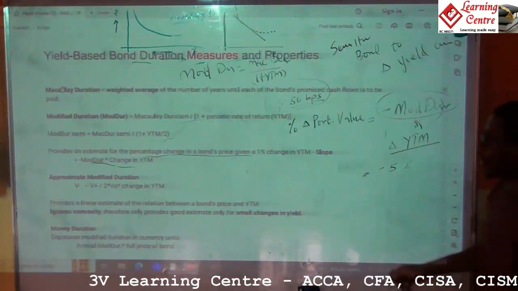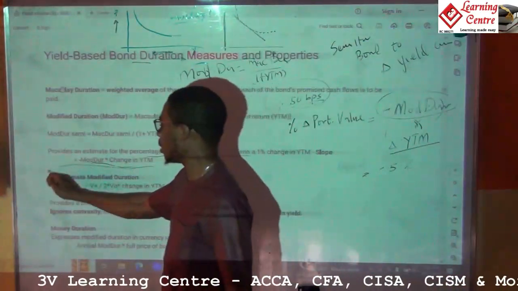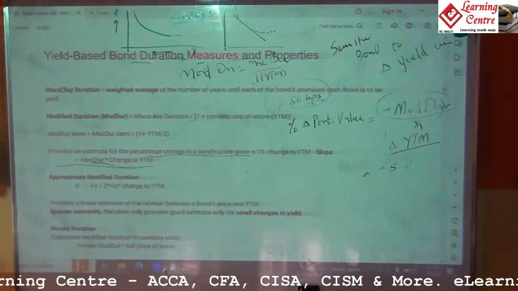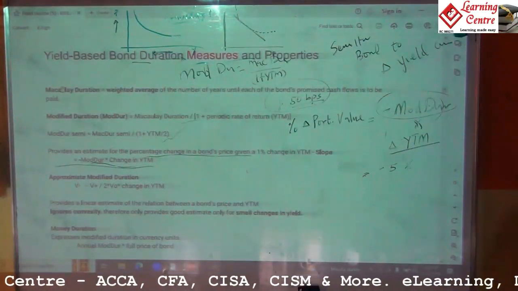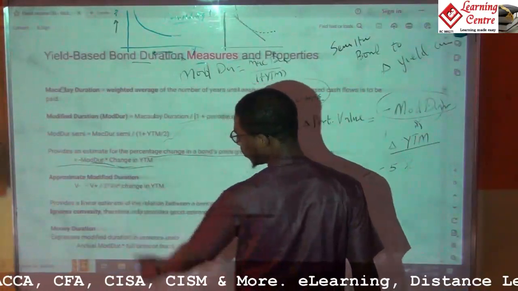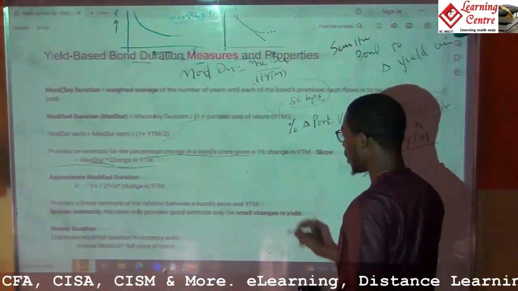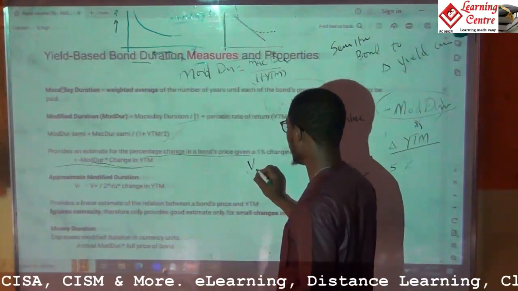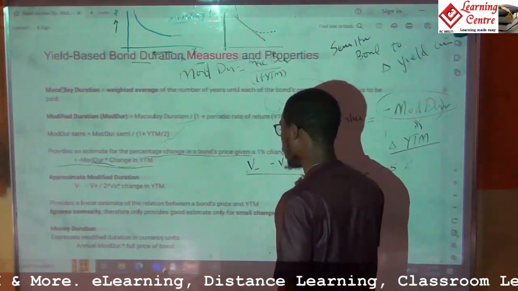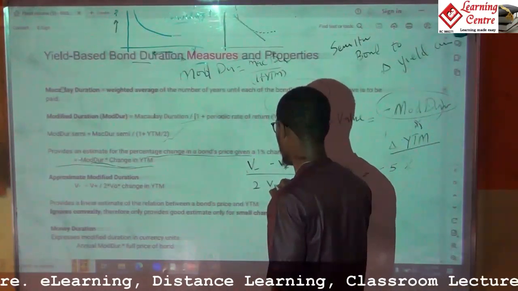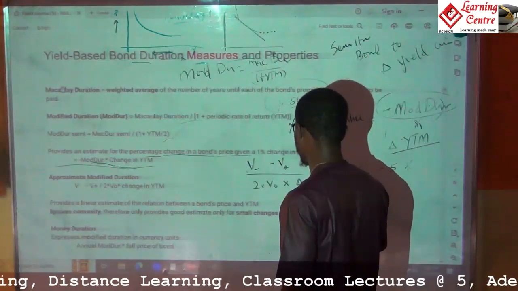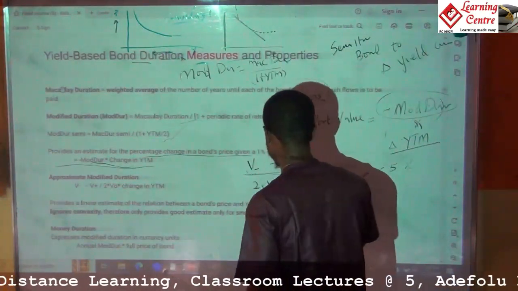That's where this formula comes in: take the modified duration and multiply by the change in yield curve. If you know your modified duration, use this formula. If you don't know your modified duration, use this formula: V negative minus V positive over 2 times the change in YTM, to get you the same answer.